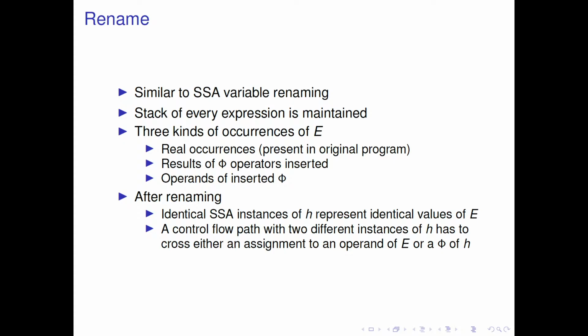In other cases, maybe there is an H3 coming along some other path, and here you got them merged together. So H2 became phi of H1 and H3. So this can only happen at these two places. Basically, if I have H1 here, H2 here, in between I will see an assignment to A or B, or a merge point such that a phi function for E has been inserted.